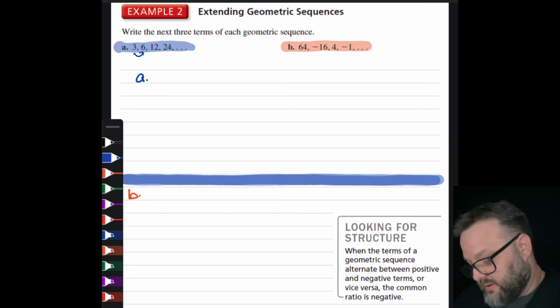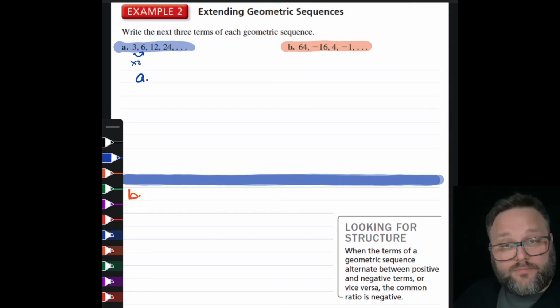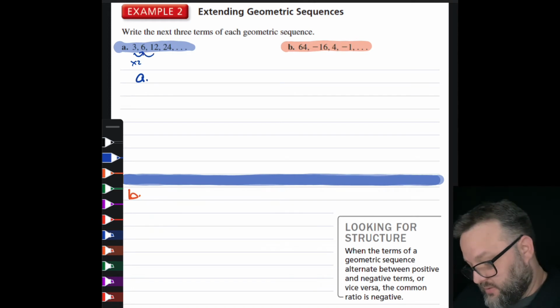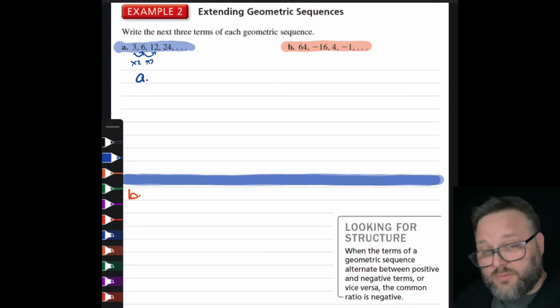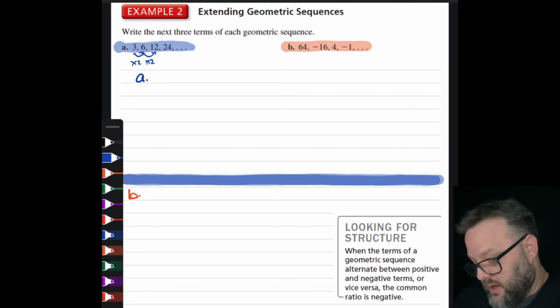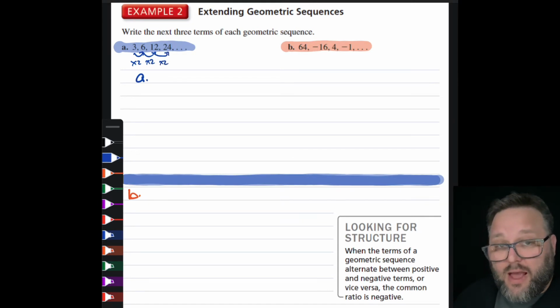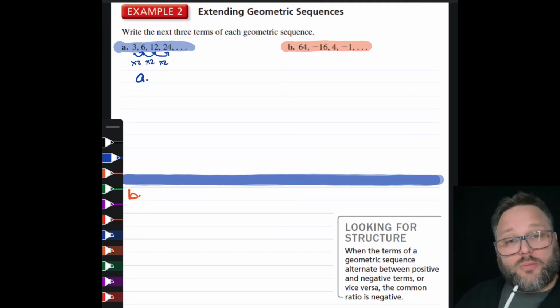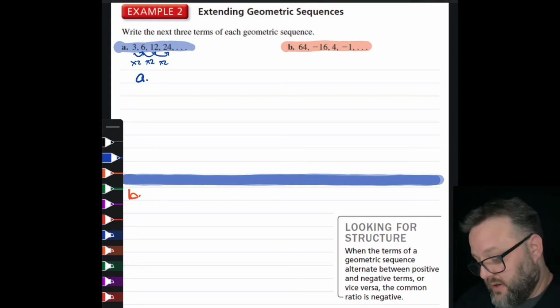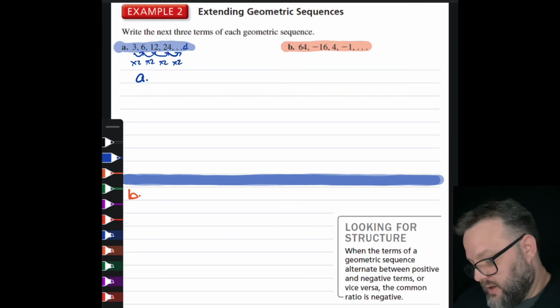So from 3 to 6, I'm just going to multiply by 2. Then I look at 6 to 12, and all I did was multiply by 2. And 12 to 24 is multiply by 2. So the pattern is that I'm going to multiply whatever term I'm currently on by 2 to get my next consecutive term, which means 24 times 2 is 48.